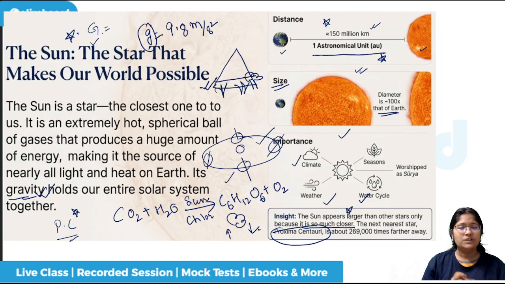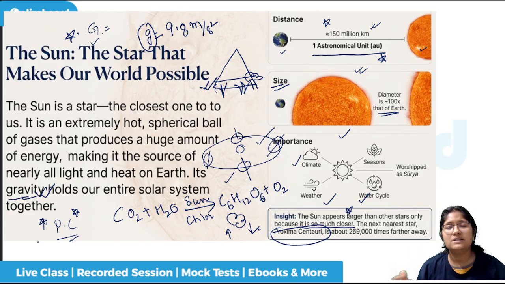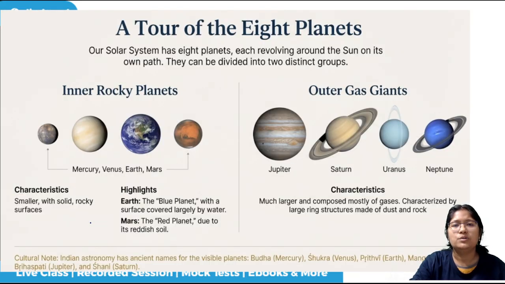If the question is which is the nearest star to the earth, it is the sun. No confusion in that. But if they're asking you the next nearest after the sun, or the nearest star to the sun, then it is Proxima Centauri. So look at the question carefully, then answer. Though it is very simple, you still have to identify whether they're asking to tick on Sun or Proxima Centauri.